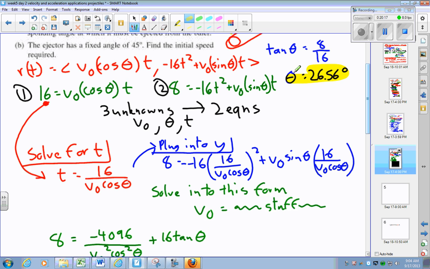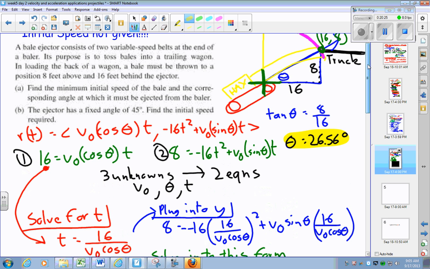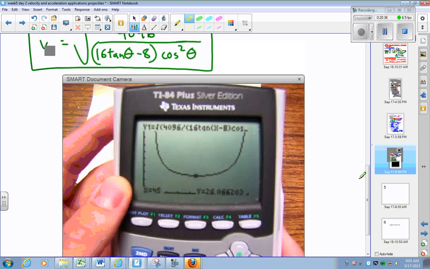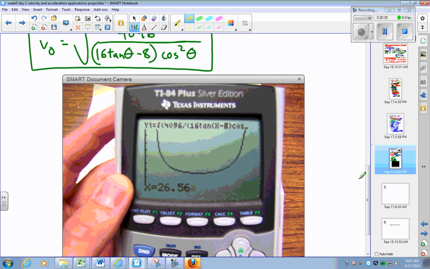That angle we said was the minimum angle. If I was going super, super, super fast, I could do that angle because it fit that blue triangle we had set up right there. So let's look at that angle, 26.56 degrees down here. So I hit 26.56 degrees.